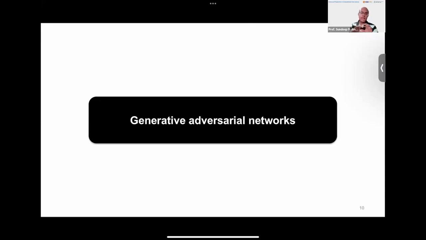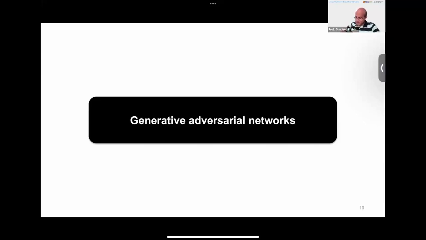In variational autoencoders, the idea is that I have an encoder-decoder architecture, and the encoder transforms to a probabilistic latent space, and then from that I sample to generate images. Generative adversarial network has two keywords. Generative, more or less what we have already understood, and adversarial is the key attribute of this network.